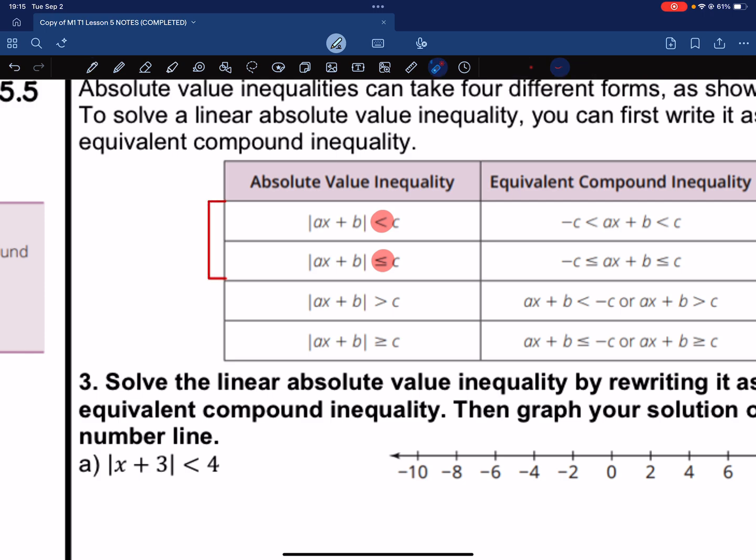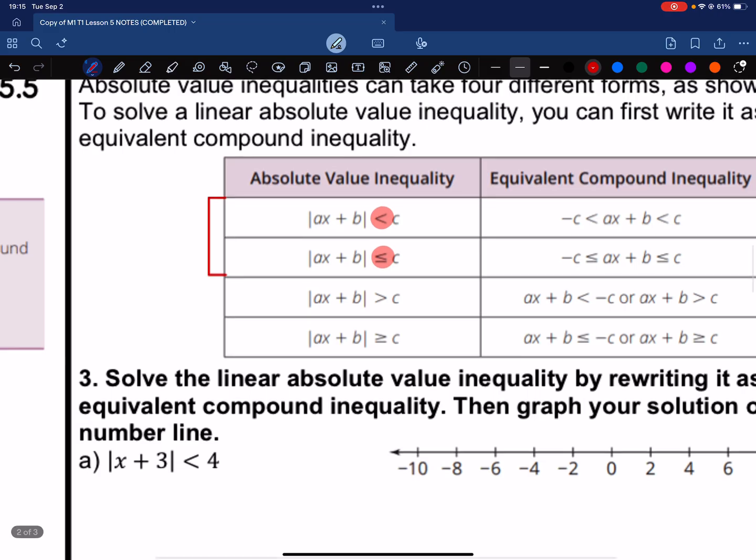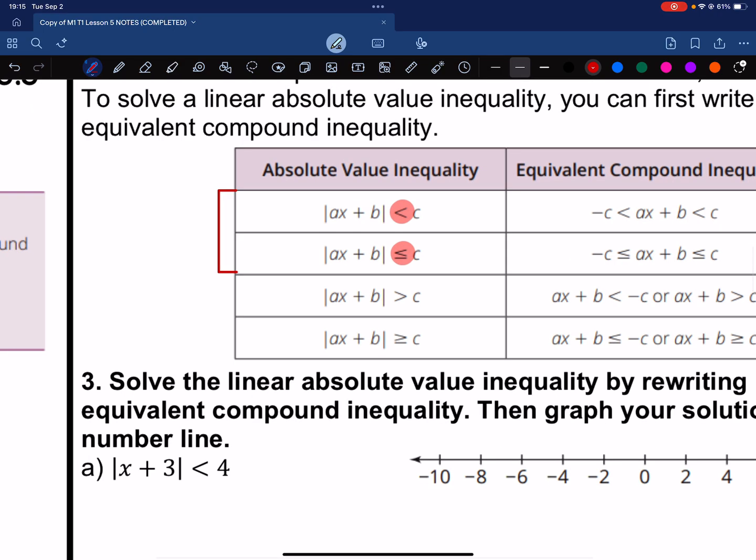What that means is whatever's in the absolute value bar will go in the middle, and you will take the negative version on the left side and the positive version on the right side. So what I like to think about for this one is, because it's less than, we say less than, because it's in the middle, okay?